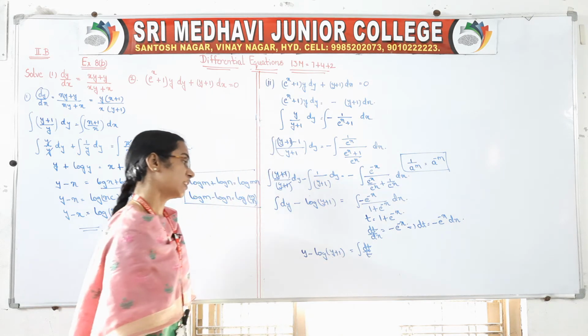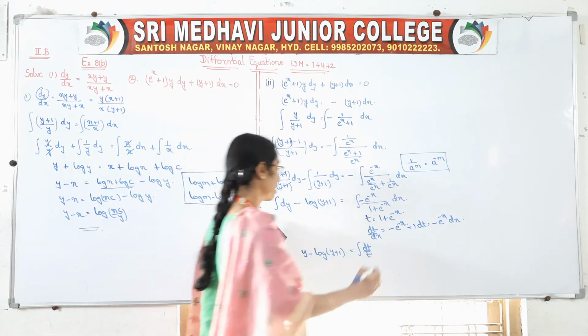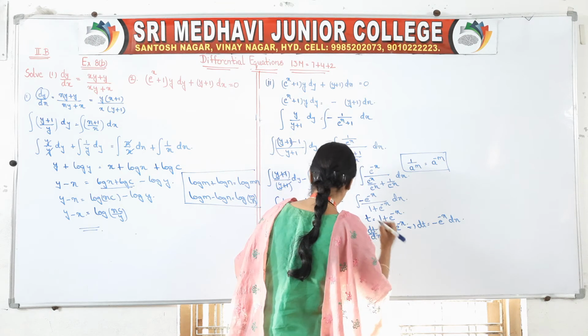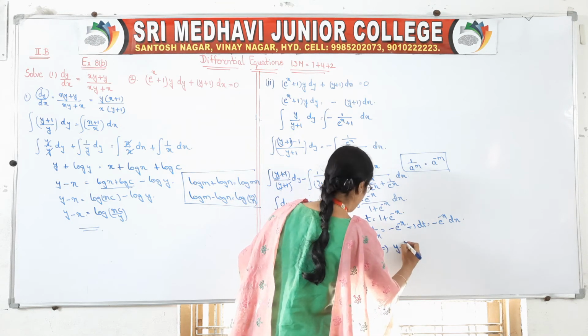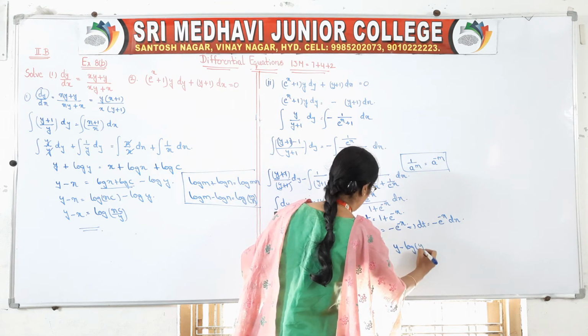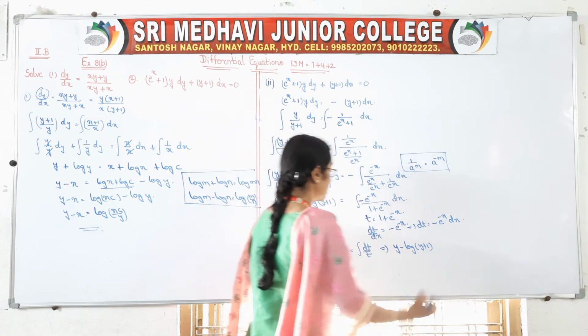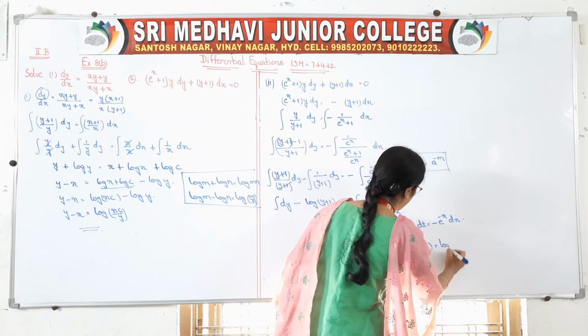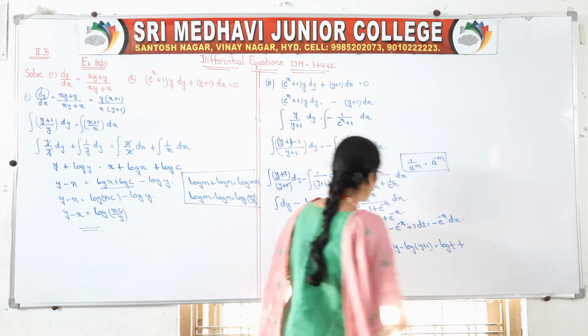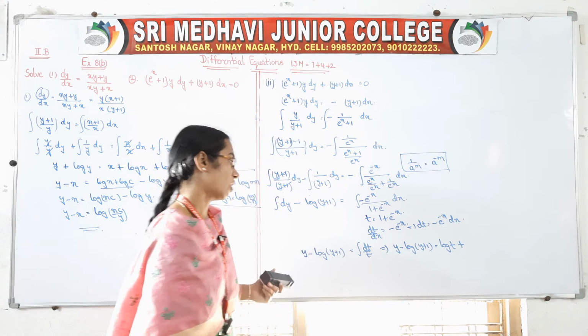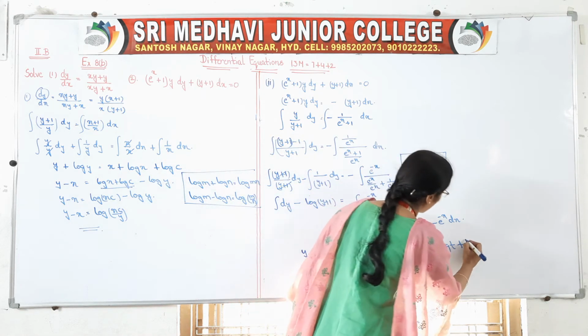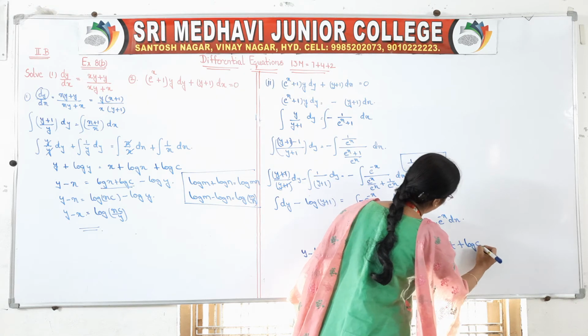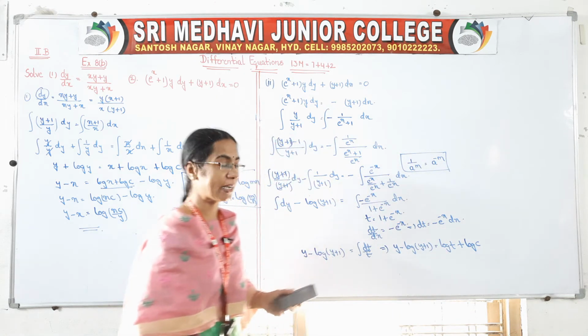You know it, what is the value of integral dt by t? Log t, isn't it? So y minus log of y plus 1 is equal to log t. So generally all values are in terms of log, so we will write the constant also in terms of log, plus log c.